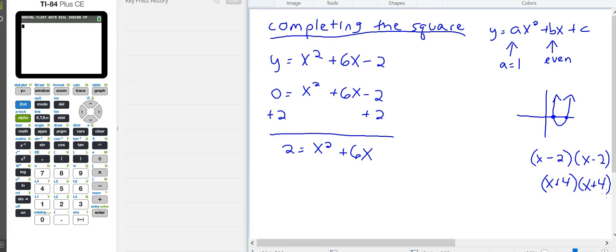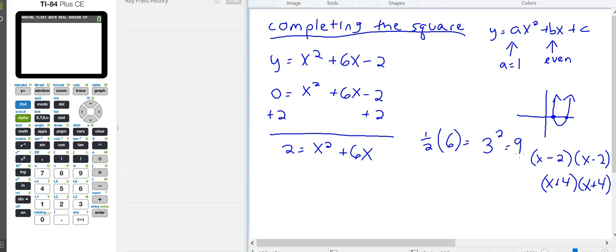To find some value of c that will make x squared plus 6x plus some constant a perfect square trinomial, we're going to take 1/2 of b and square that. So 1/2 of b is 1/2 of 6, because b is always the coefficient of the x term. So 1/2 of 6 is 3, and then we want to square that value. 3 squared is 9.